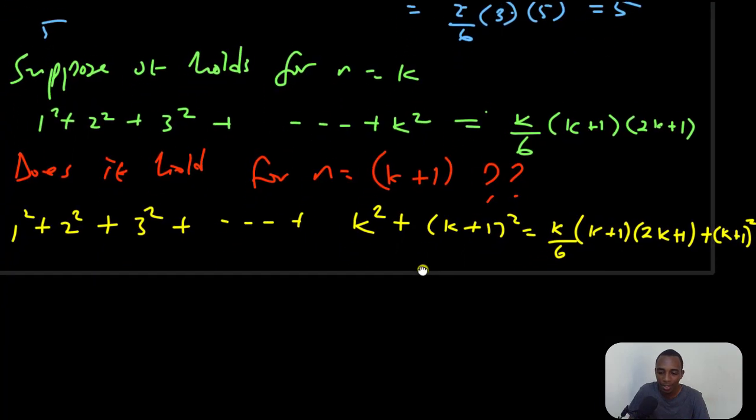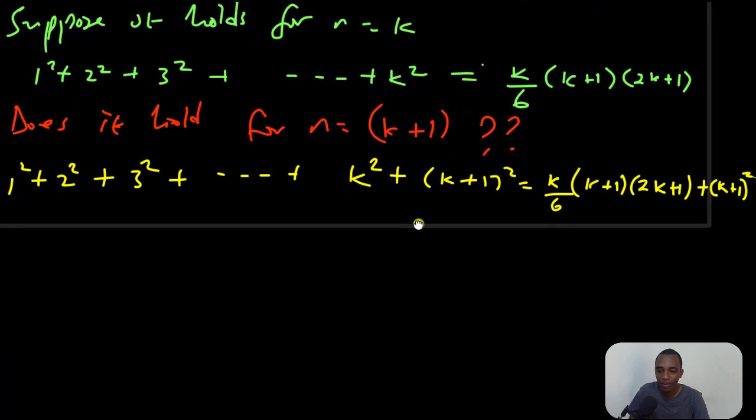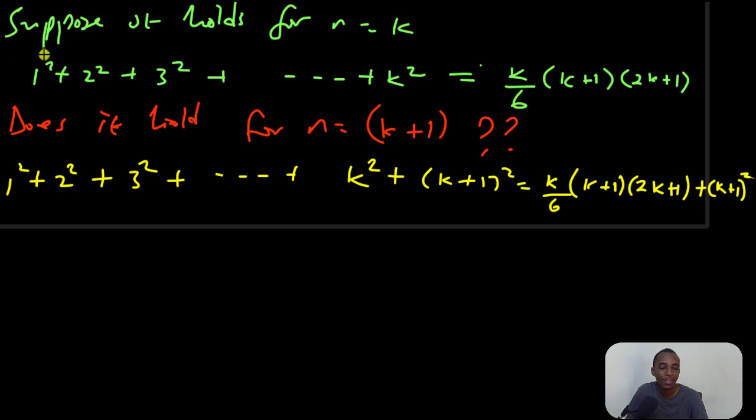So let's go ahead and simplify what we have on the right hand side to see if it matches or is comparable to the expression that we began with. Let's factorize out k plus 1 here and see what we have inside the brackets.